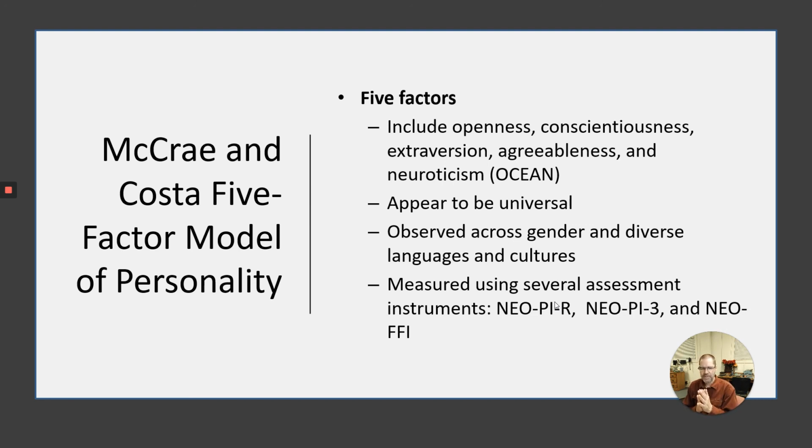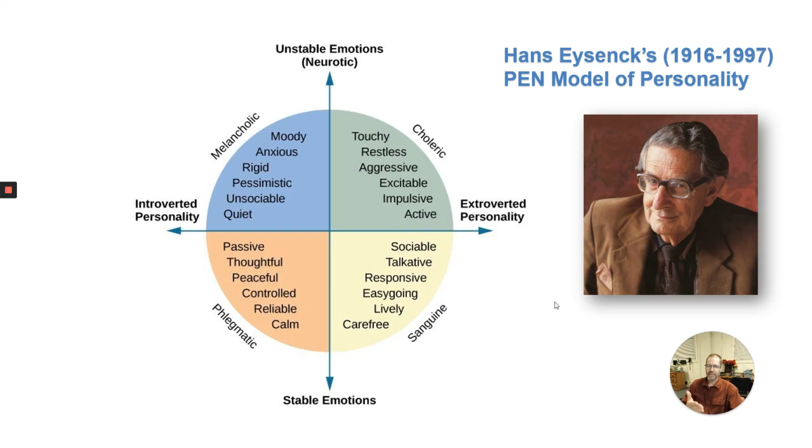So we study groups and populations of people that include a diversity of cultures, languages, gender, and so on, and we've come to the conclusion that these 5 things, if you go back here and you'll see 3, 4, 5, 6 on melancholy, or 6 on virtually all of these, right?